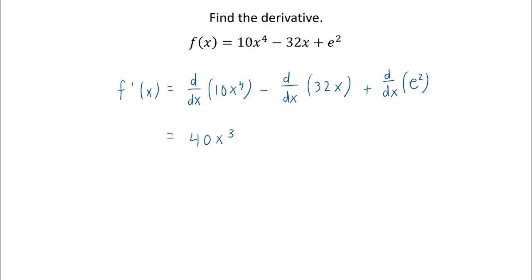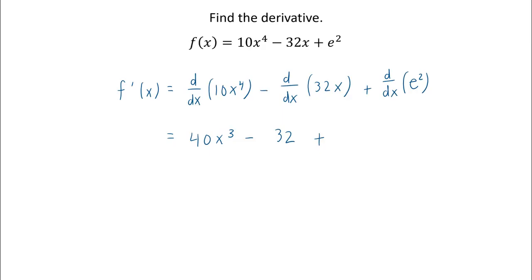To differentiate 10x to the 4th, we'll use the power rule. So multiply the exponent by the coefficient to get 40, and then reduce the exponent by 1 unit, x to the 3rd. So the derivative of 10x to the 4th is 40x to the 3rd. Now let's differentiate the second term the same way. When we differentiate 32x, the derivative is 32.